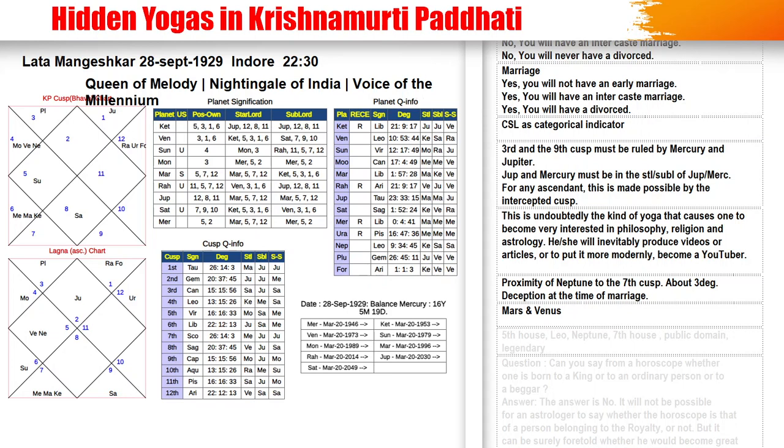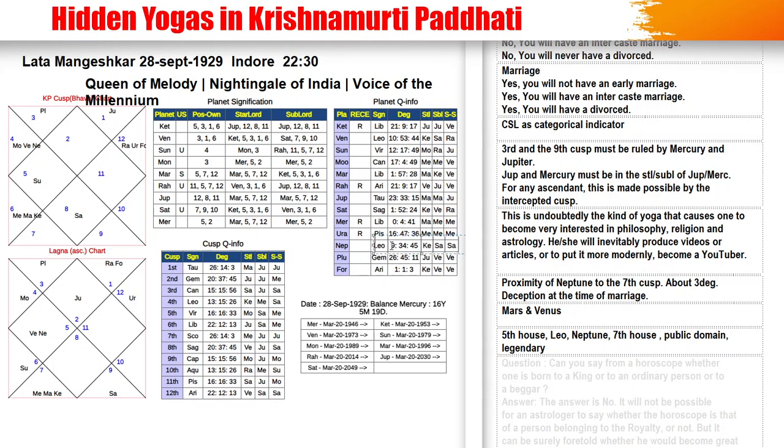So when I started looking at the Krishnamurti rule that makes a person outstanding in the field of music, I saw that the role of the fifth house, the sign Leo, and the role of Neptune and the seventh house, all these things are important.